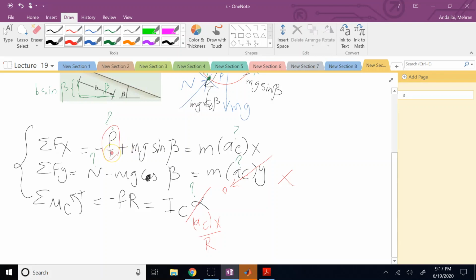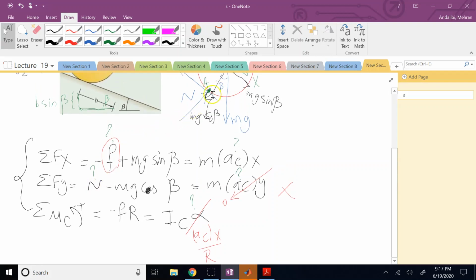That mu s times N happens only when you know that your object is about to slip. Here there is no such thing as whether it's about to slip or not. So remember, again, there is no formula, and this is a static friction, because this point does not slip. So it's also not equal to mu k times N. That is one of the most important things about this problem.